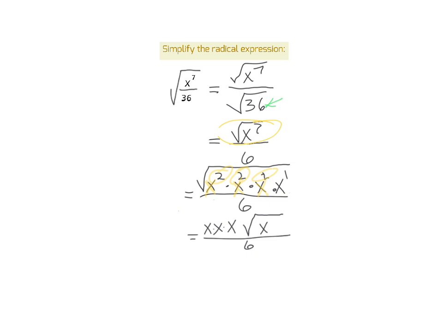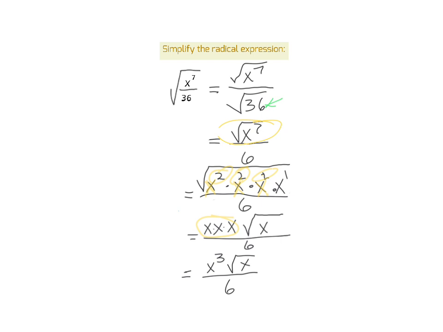So what are we going to do with all of these x's out in the front? It's 3 x's multiplied by one another. So I'm going to write that as x cubed square root of x, and then over 6.